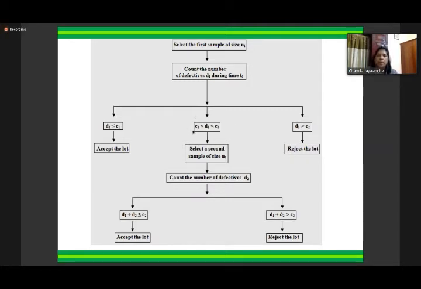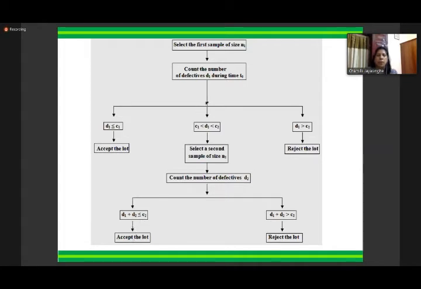The decision is that defectives should be less than the C2 number. If D1 plus D2 is greater than C2, they reject the lot, and if D1 plus D2 is less than C2, they accept the lot.